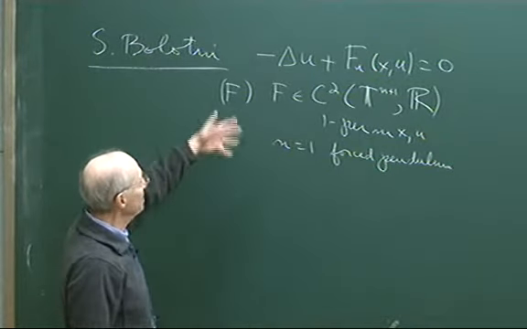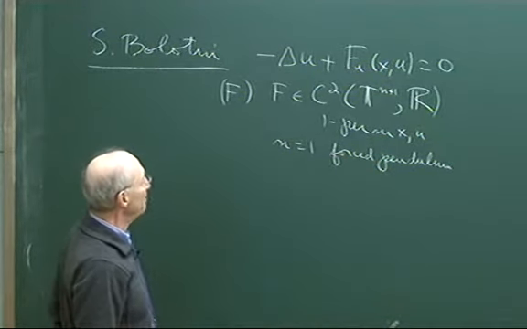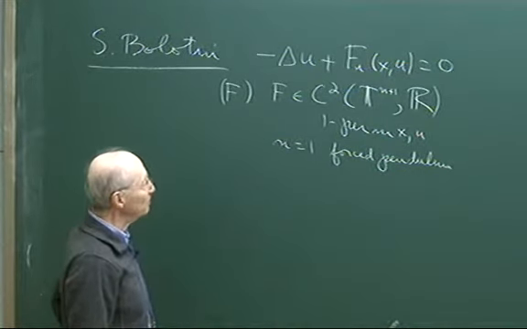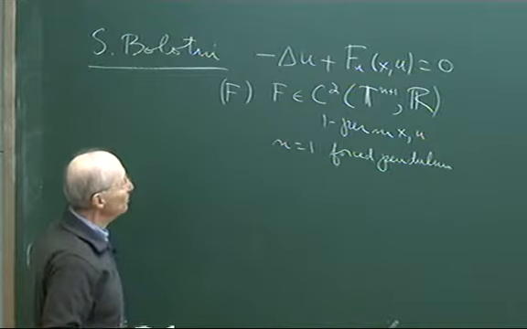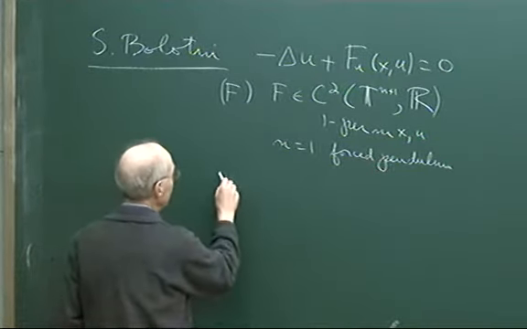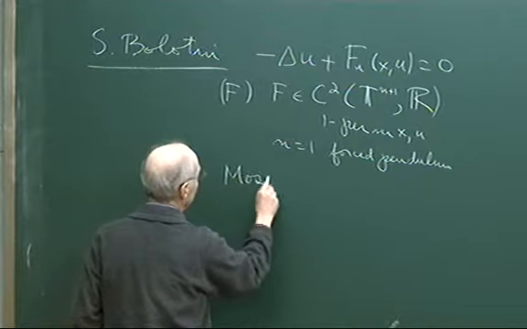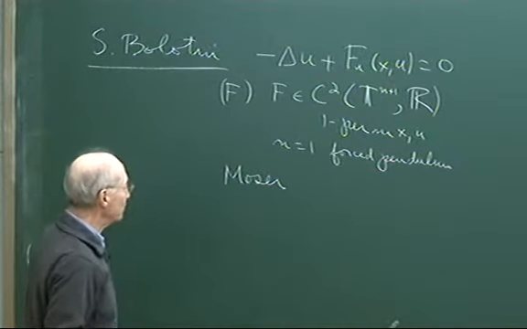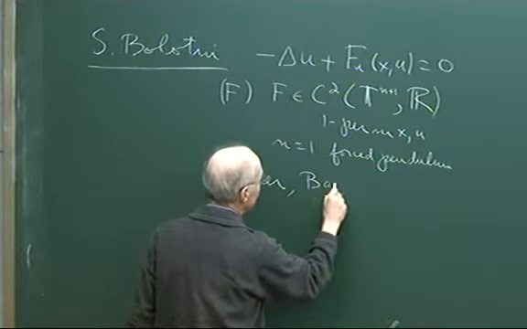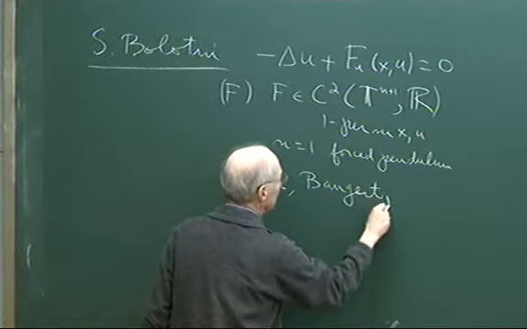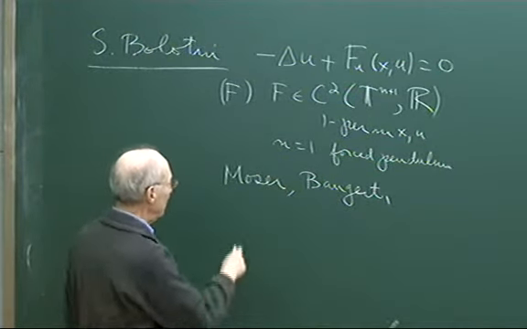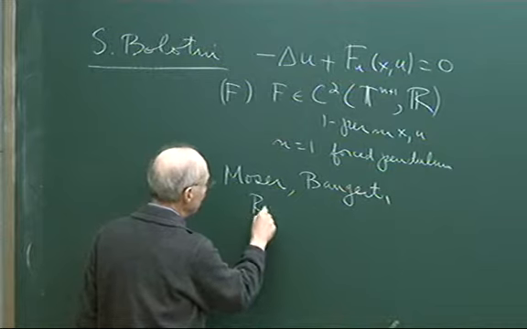Now, this equation has been studied by various people. As far as I know, the study of this was initiated by Moser in the late 80s. And it was furthered by Victor Bangert, and most recently by Ed Rabinowitz and myself.